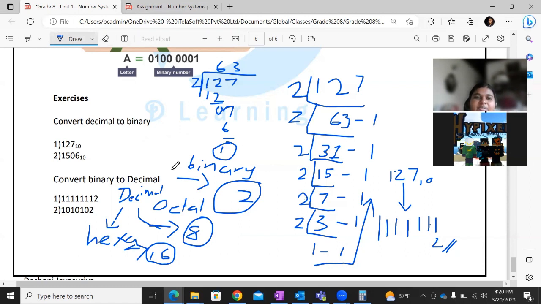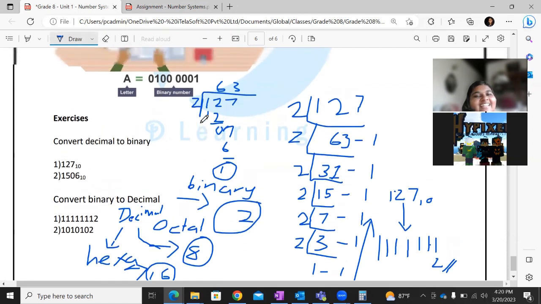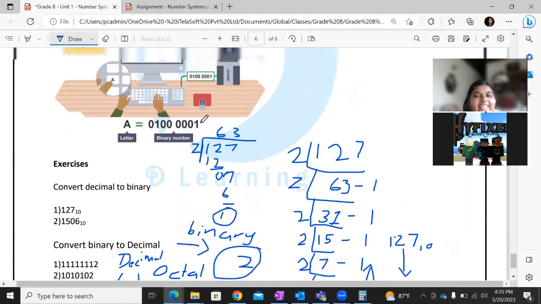Okay? So we can try. I give another number so that you can try, the same way. I'll give around say 255. Okay? So if you could get the binary out of this number, we can see if you can understand what we did.